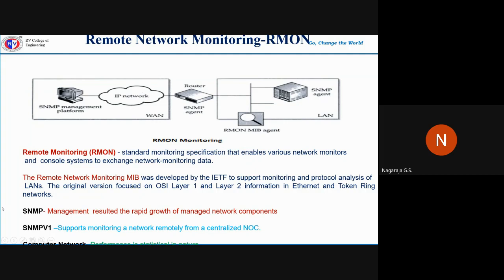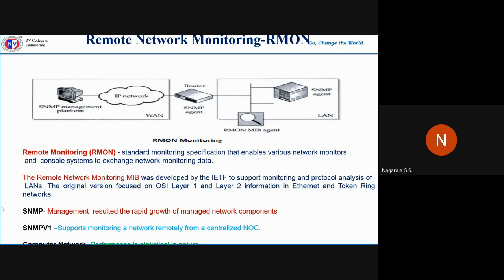You may ask me a question here, sir. Already we have come across NMS. Already we have SNMP to communicate between agent and manager. Why do you require this particular protocol again? As I said already, with the rapid growth of internet services, the number of resources which we use geographically are more and more.